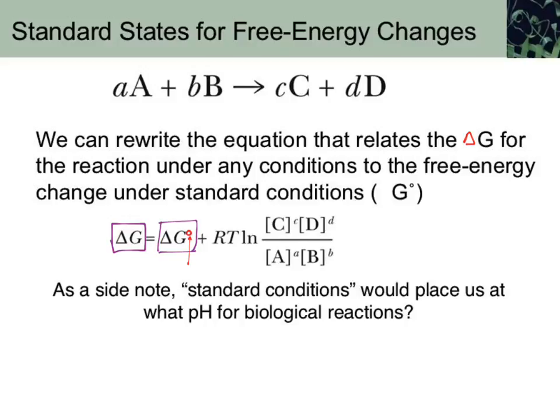So what are our standard conditions? Certain temperature and pressure. Are we going to need to be concerned about pressure? Probably not, because pressure is gases, and almost everything we're working with is in a liquid state. It's dissolved in solution.